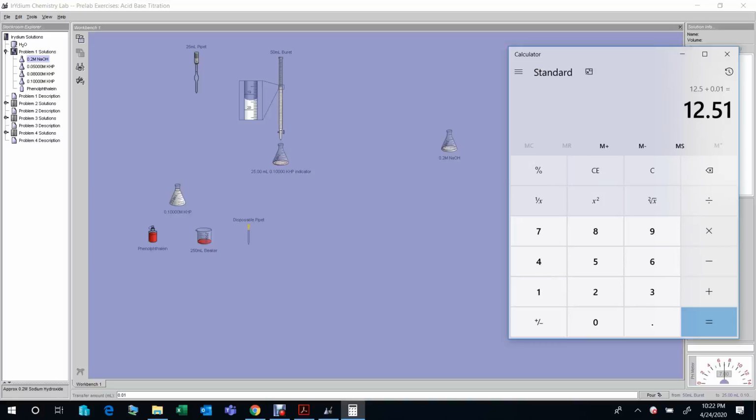And now we can calculate the concentration of this sodium hydroxide, right? So for the KHP solution, it is 25 milliliter times the concentration of KHP, 0.1. Then we get that.